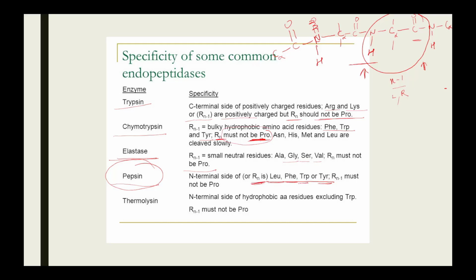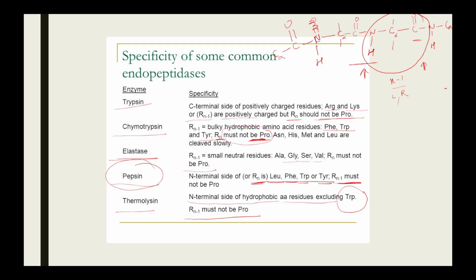And here also Rn-1 must not be proline. Okay. Thermolysin again N-terminal side of hydrophobic amino acid residue excluding tryptophan. And Rn-1 must not be proline. Okay. So these are the few endopeptidases and their specificity.